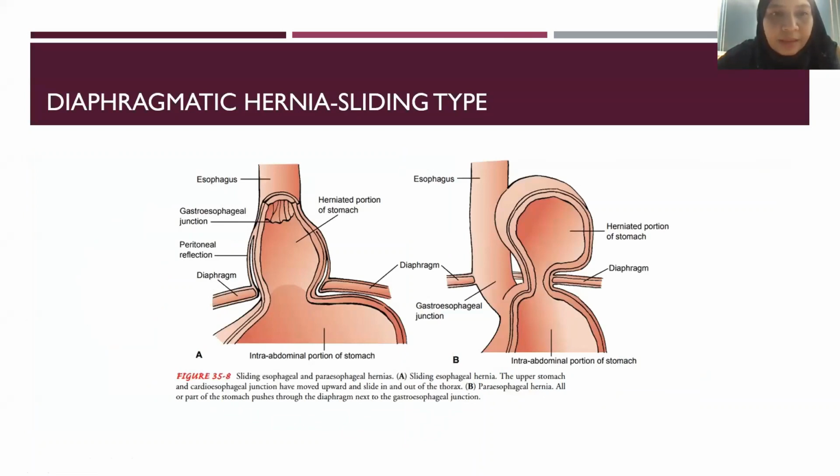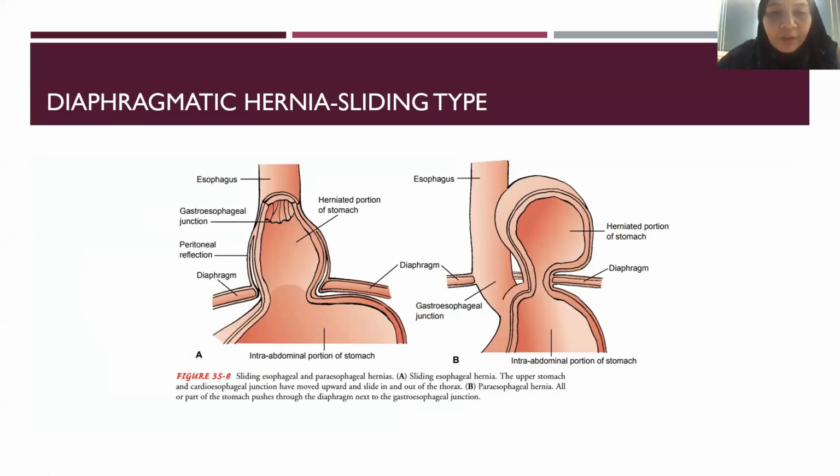Next. The hiatus hernia, which is the sliding hernia, usually happens in adults. It happens when the intra-abdominal portion of the stomach is pulled upward to herniate into the intrathoracic region above the diaphragm. So we call it a sliding hernia.